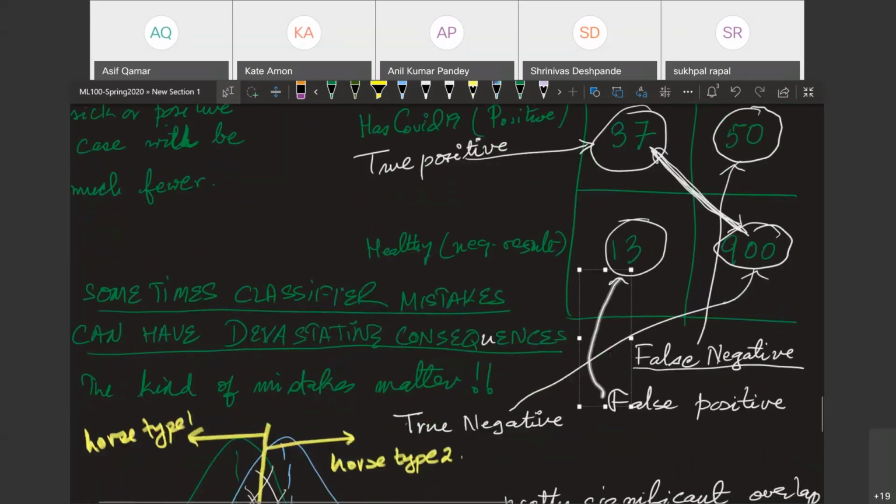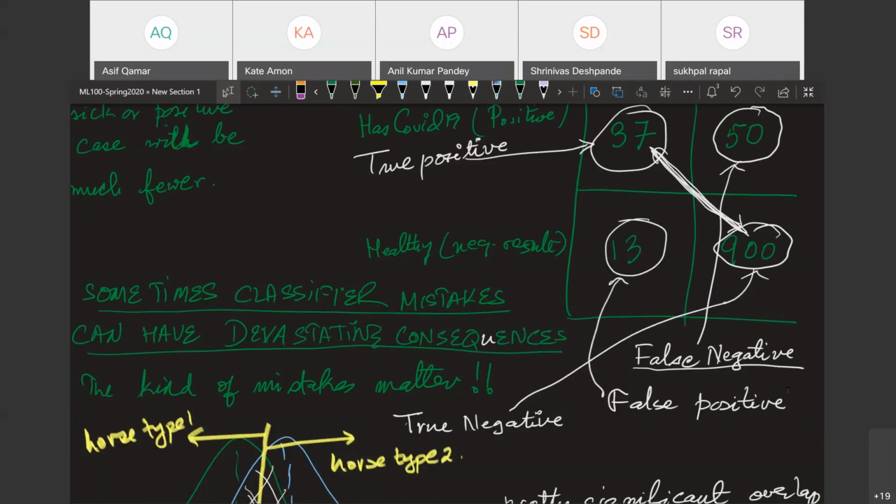This brings up the concept of false negative and false positive. A false negative is when you take a sick person and declare them to be healthy. And when you take a healthy person and declare them to be sick, that is a false positive.